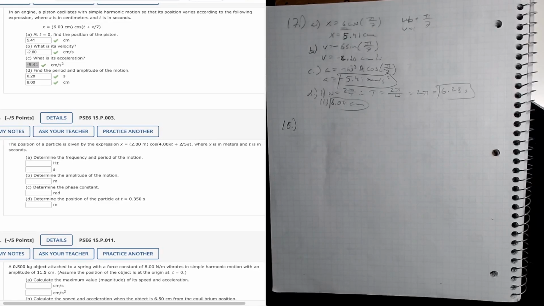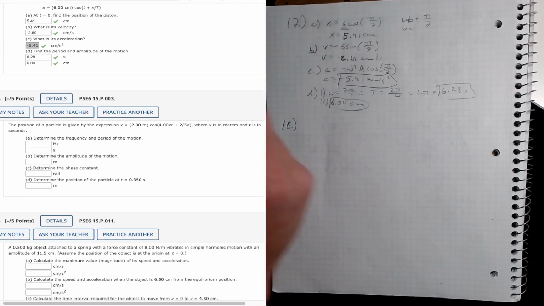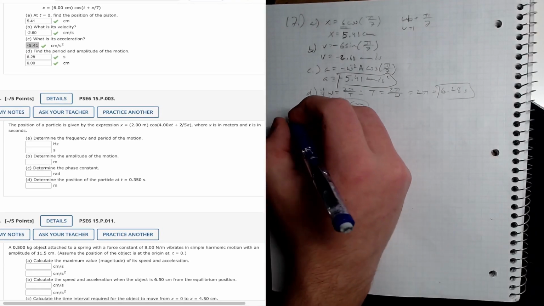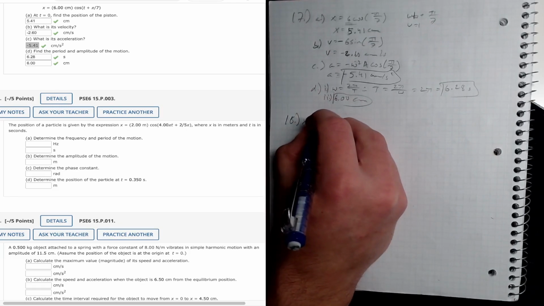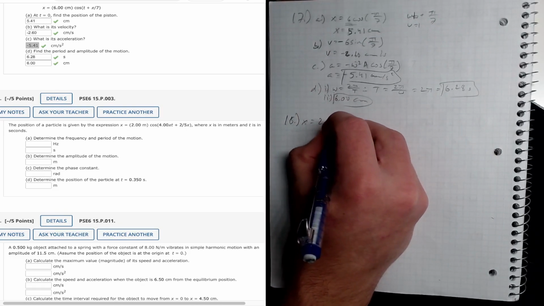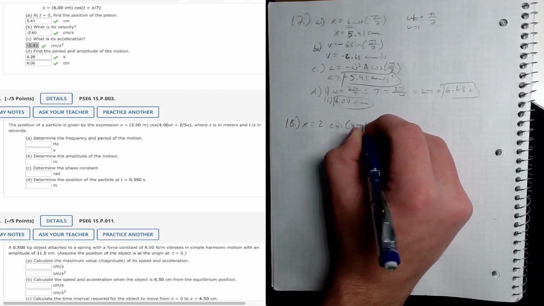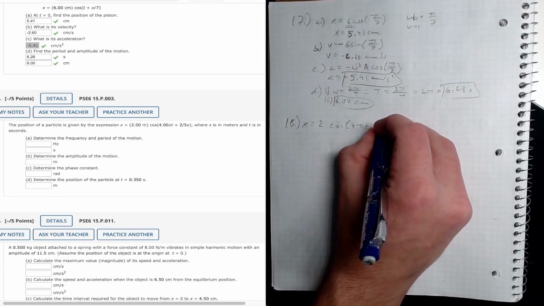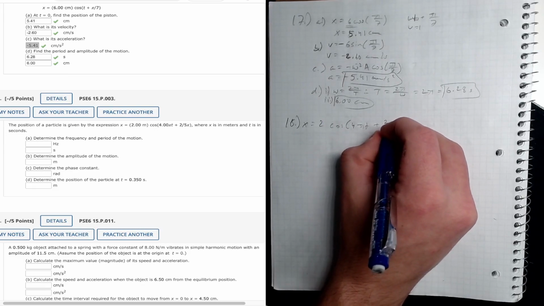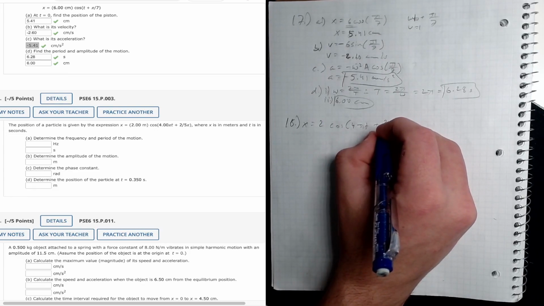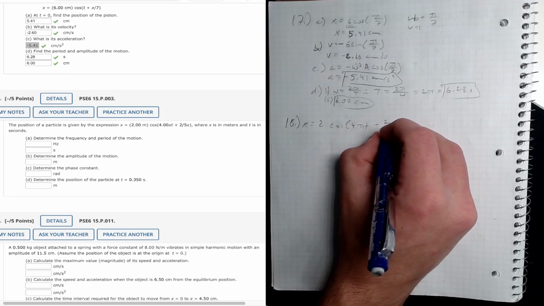The position of a particle is given by the expression x equals 2 meters cosine of 4 pi t plus 2 pi over 5.